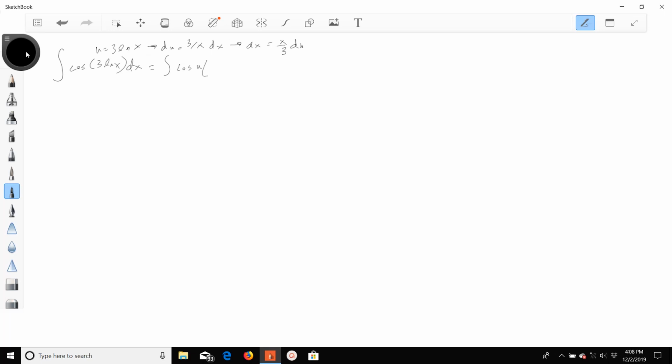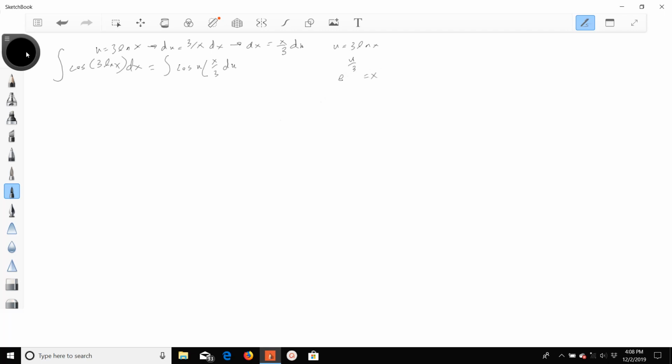dx is x over 3 du. So now, if we wanted to write x in terms of u, we know that u is equal to 3 ln x, which means that e to the u over 3 is equal to x.